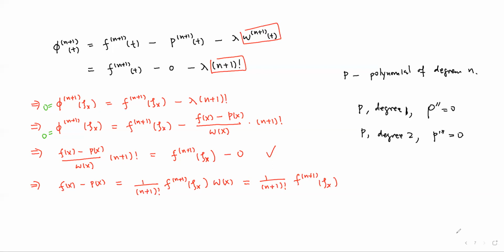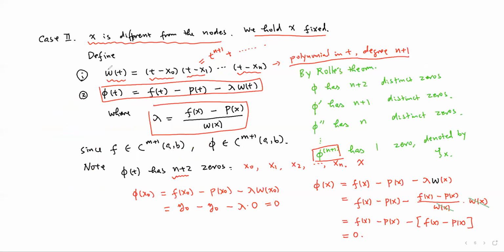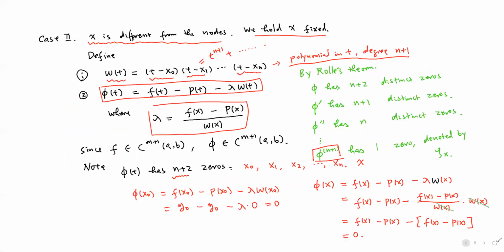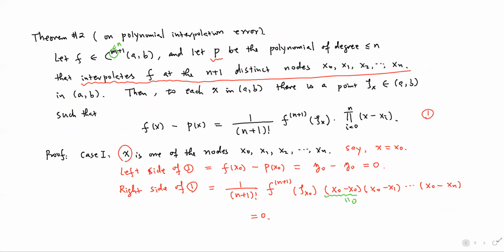Let me go back to the definition of w. W is this. Now plug in x for t. Then we get the product of x minus x_i, i from 0 to n. So this equation is the conclusion in the theorem.